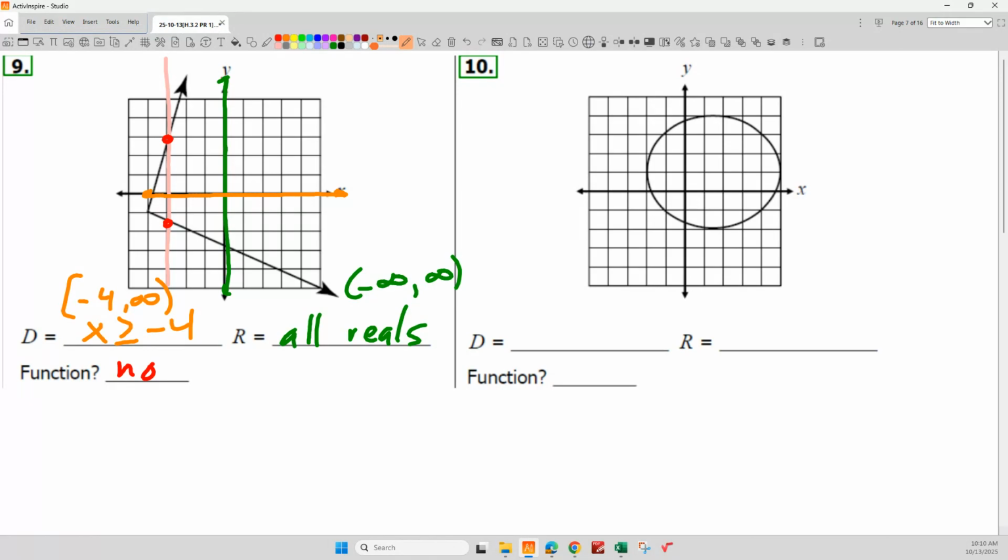If I were going to write it from left to right, what would I write first? -2. Okay, that's how I write it. Now, how do I say it? Okay, we start in the middle, don't we? With a triple compound inequality, we start in the middle. X is greater than or equal to -2 and less than or equal to +5.